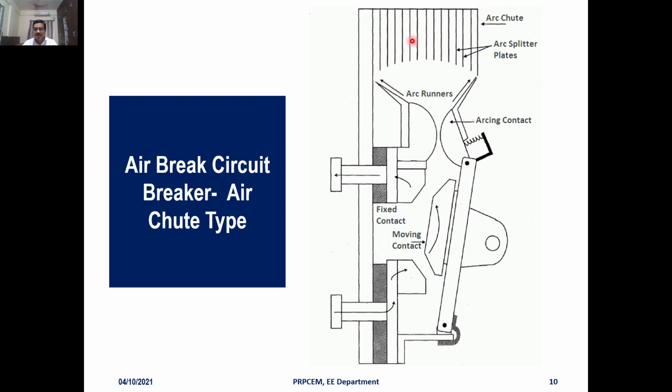So this is the arc chute arrangement, and in it we have arc splitter plates, which are made of steel or coated with steel. The arc enters, its area of cross section is reduced, and the arc is lengthened, which helps to extinguish the arc as quickly as possible.